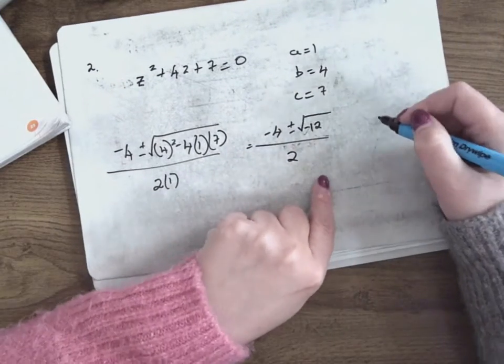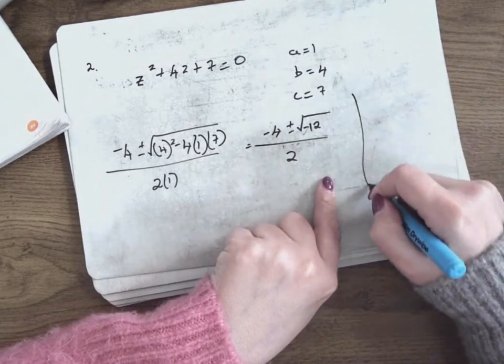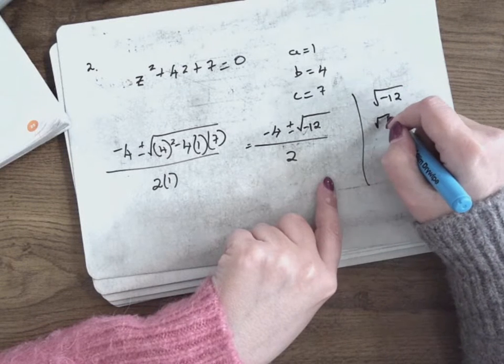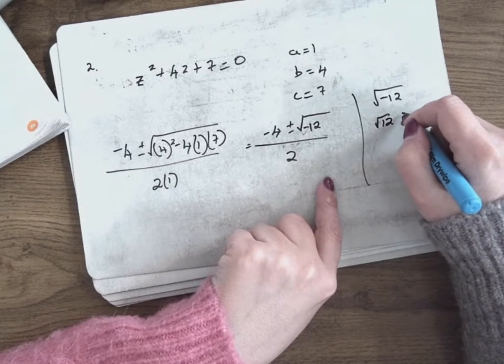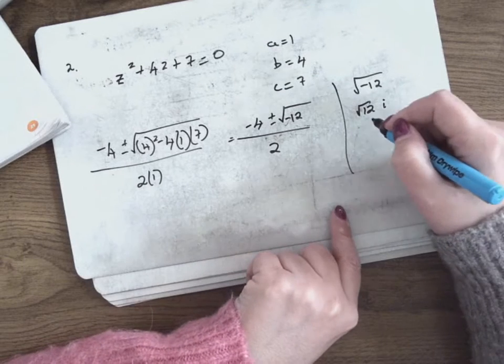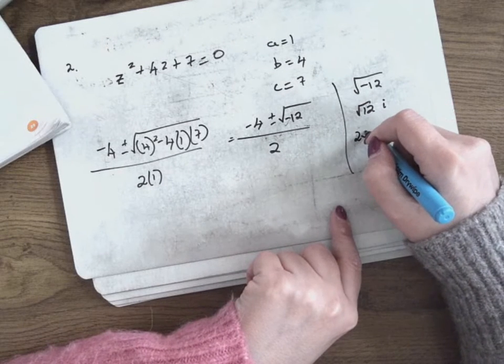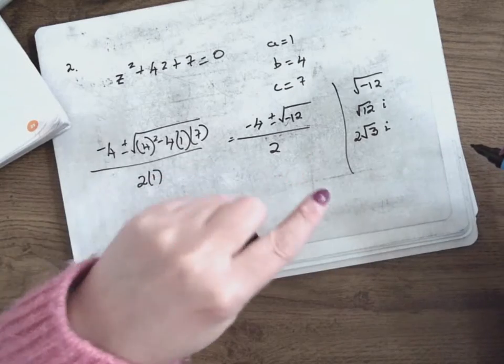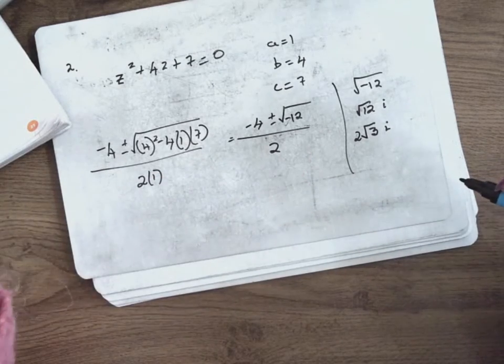Right, okay. So just on the side, the square root of minus 12 can be written as the square root of 12 times i, and the square root of 12 is 2 root 3 i. Simplify it using your calculators, it'll do it for you.